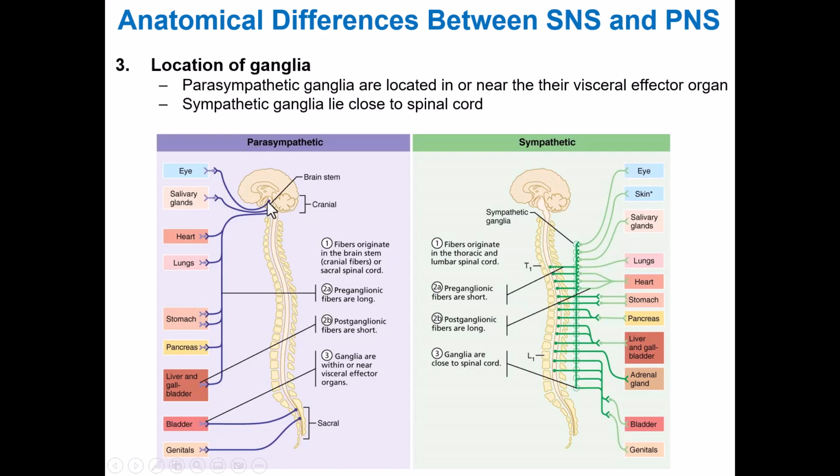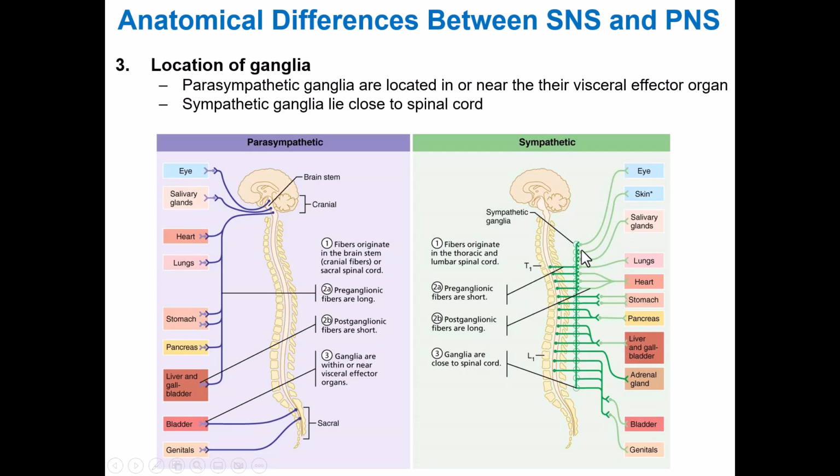Because the preganglionic neurons are so long, then where it meets with the postganglionic neuron, which is the ganglia, those ganglia are very close to the target organs. But if you look in the sympathetic division on the right, because the preganglionic neurons are short, the ganglia where those preganglionic neurons meet with the postganglionic neurons, those ganglia lie a lot closer to the spinal cord and further away from the target organs.